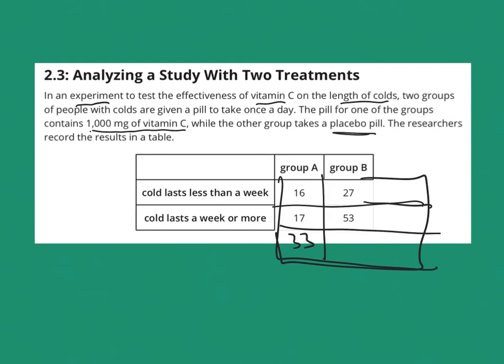And 27 plus 53 gives us 80. Then we add horizontally: 16 plus 27 is 43, and 17 plus 53 is 70. 70 plus 43 gives us 113, and 33 plus 80 gives us 113, so that's good. That tells me my total is good. So, how many people did the researchers work with? 113. That's an important piece.